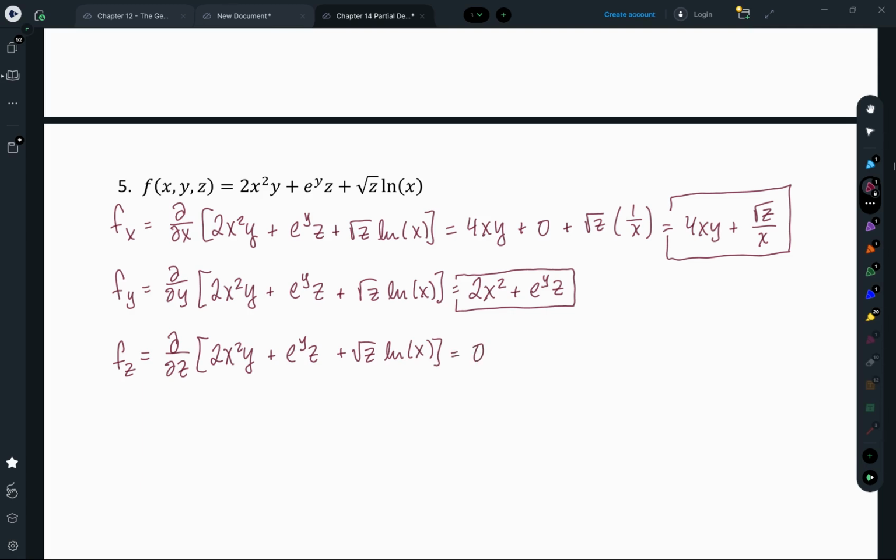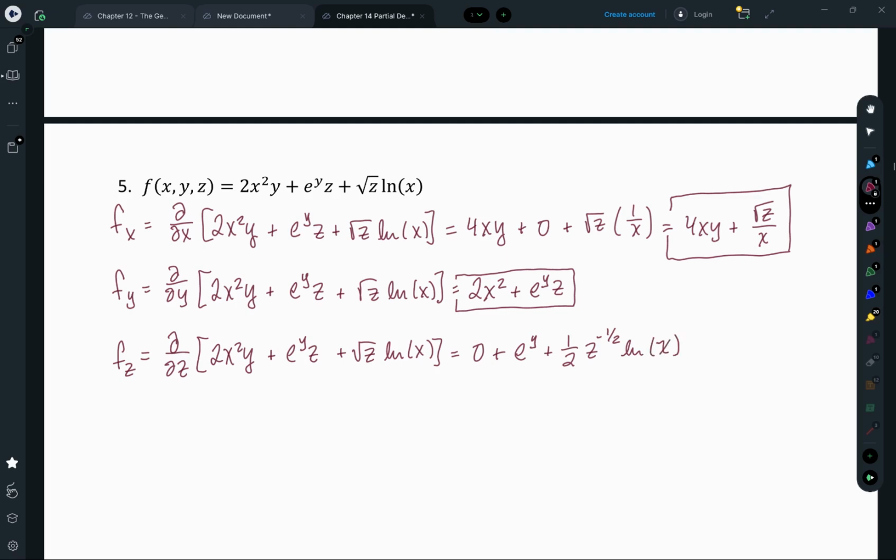Plus the derivative of e to the yz, well, the e to the y is just a coefficient of z, so the derivative of z is 1, so we just have e to the y. Plus square root z ln of x. The ln of x will just be a multiplier, so we'll focus on z to the 1/2, which is 1/2 z to the negative 1/2 times the ln of x.